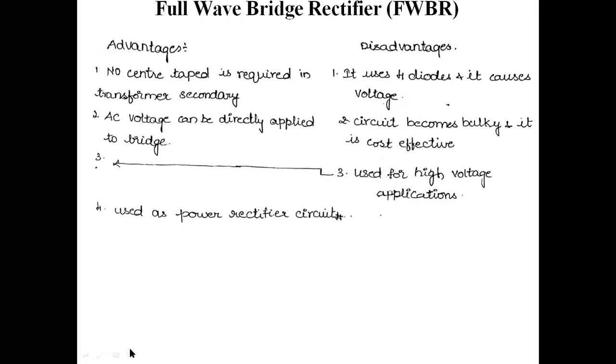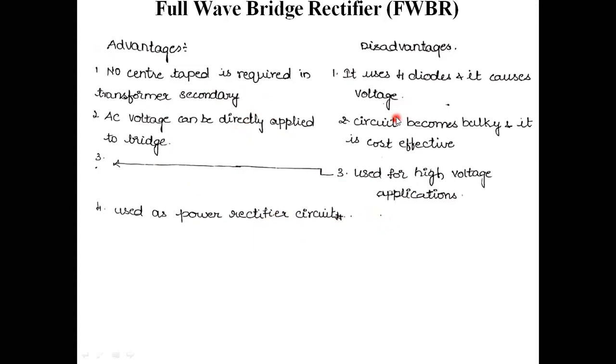This is about the advantages and disadvantages of the bridge rectifier. Here the advantage is no center tap. AC voltage can be directly applied to the bridge circuit. It can be used for high voltage applications. It can be used as a power rectifier, in power rectifier circuits.